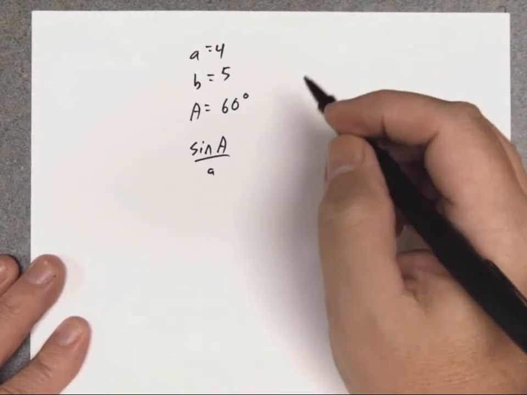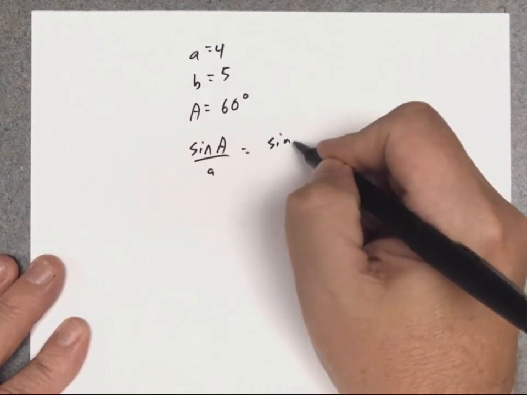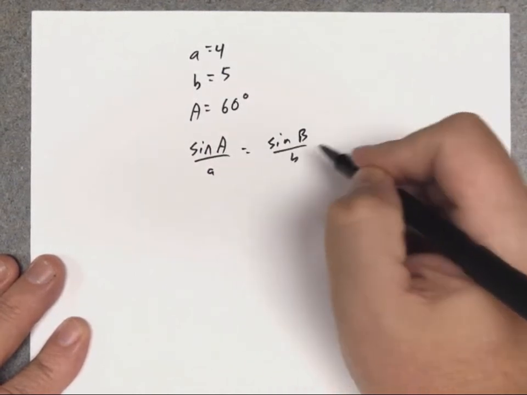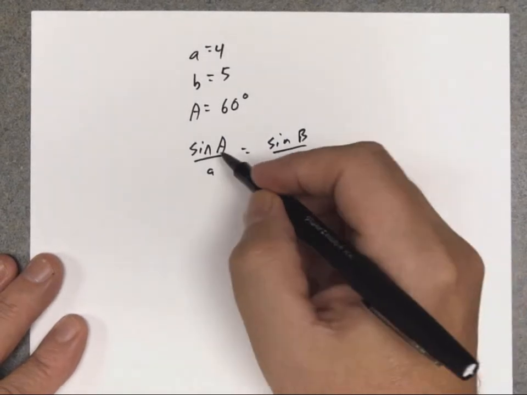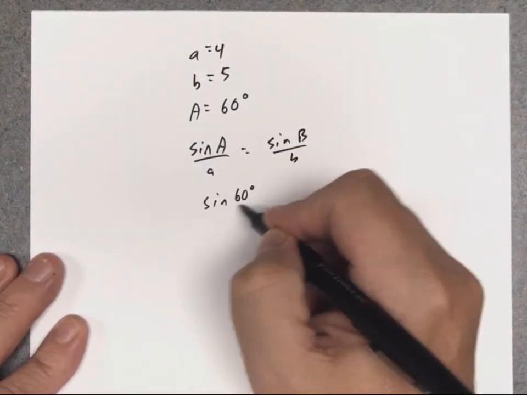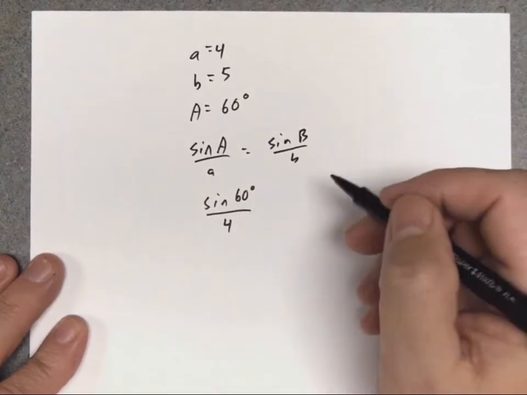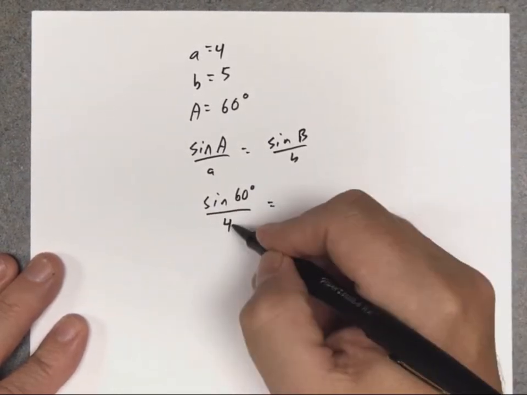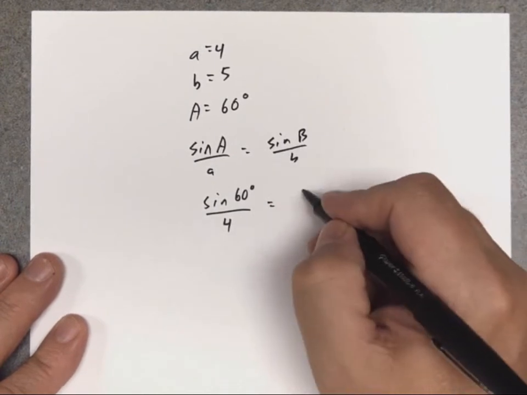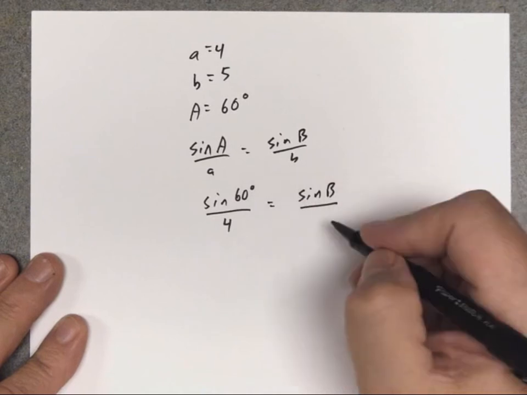sine of big A over A, in this case I'm going to do B. I plug in everything we know. Sine A, sine 60 degrees. The length of A is 4. Sine B, I don't know.